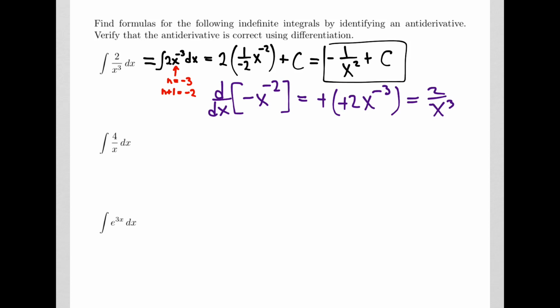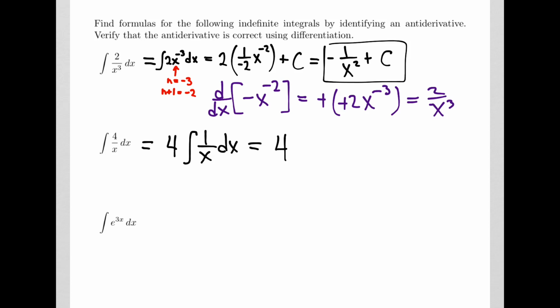Okay, let's do the next one. Our second problem, we have the integral of 4 over x. The derivative is supposed to be 4 over x. So how can we get that? Well, the 4 is a constant, so we need 4 times the integral of 1 over x dx, which we should remember is the derivative of the logarithm.